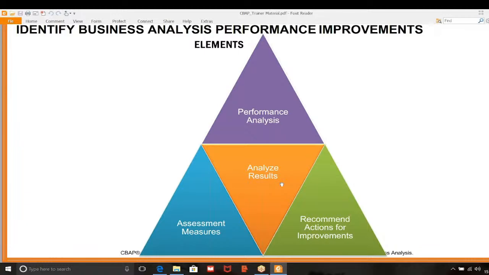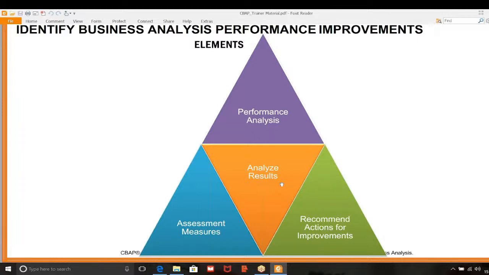Or it could be that you are getting feedback from your project managers or your development team, who are saying that you're not getting the clear picture, the requirements are not detailed, all of that. So you can do that performance analysis also and introduce steps to improve your BA performance. So I hope you got the difference between performance analysis and analyze results. Right.